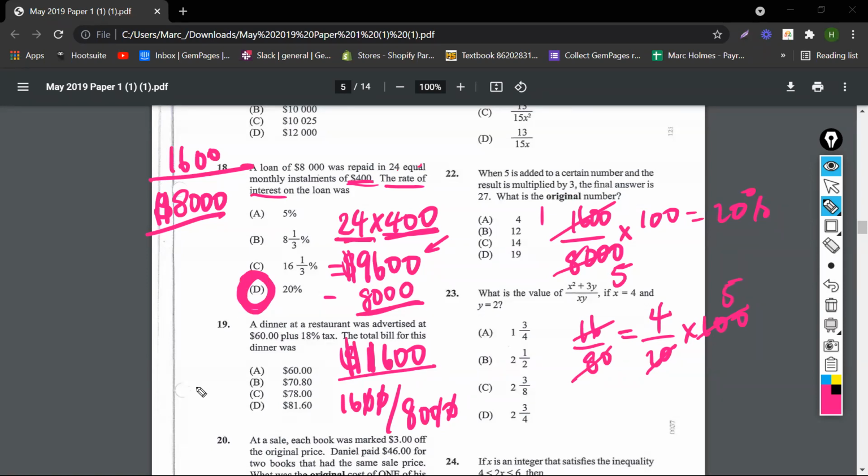Is it making sense to you guys? Yes, sir. All right. So it should make sense, guys. It should make a lot of sense. It should make a whole heap of sense.